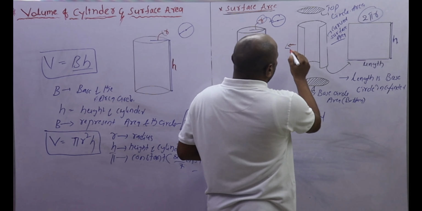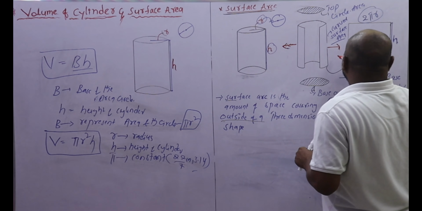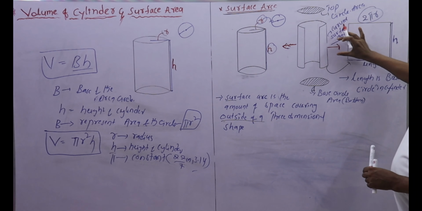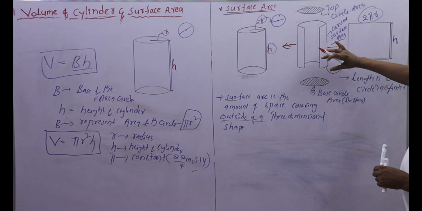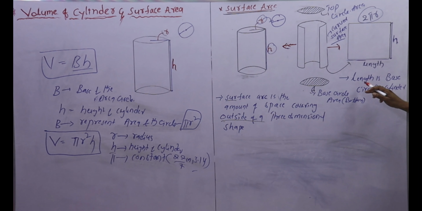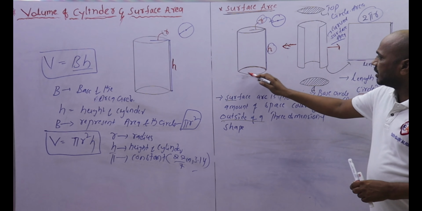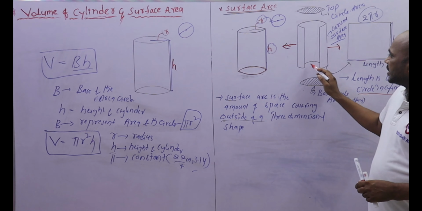If we open it, the curved surface area converts to a rectangle. The length of the rectangle is the circumference of the base circle of the cylinder.